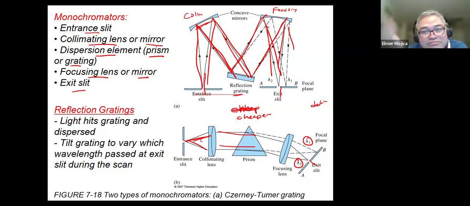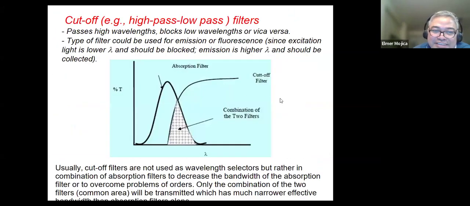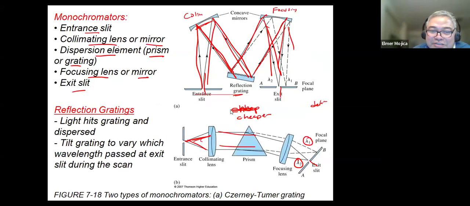You can make it from scratch. If you have some budget constraint, like in the Philippine setup, you can make this Bunsen prism monochromator. They're more affordable and simpler, compared to the Czerny-Turner.